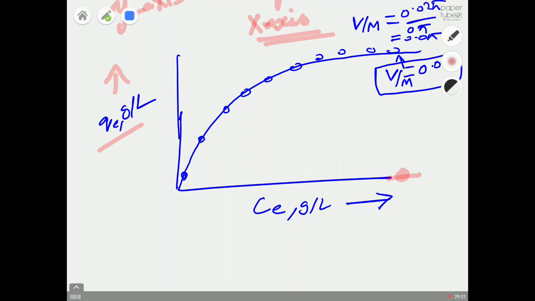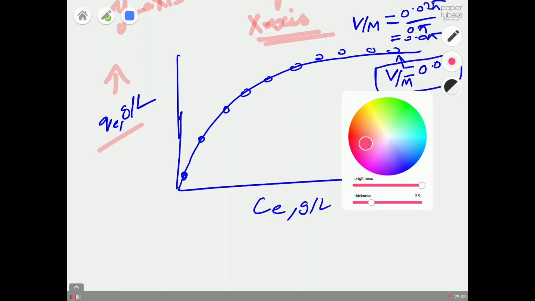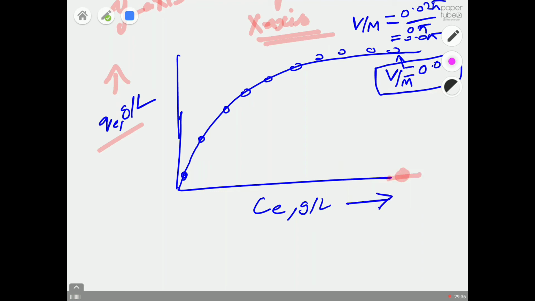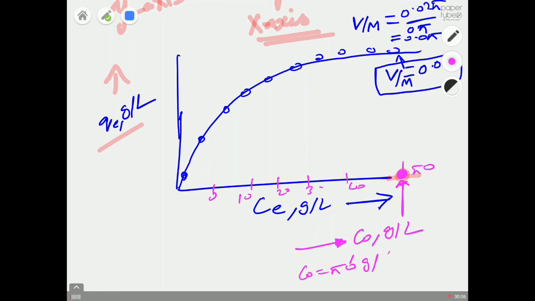Follow the pink colored pen. Yeah, this is going to be really tricky. So pick a point here. Let's call this our C0 value. Let's assume we are going to do some experiment of some initial concentration. Say, okay, let's put 0, 10, 20, 30, 40, and this point is 50. Say, put a point here and let's call it as a C0 point, 50 grams per liter.